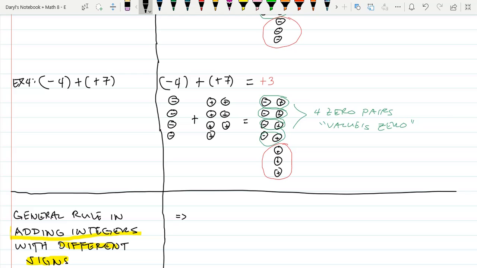Okay. So basically, if you are adding integers with different signs, you just have to subtract the absolute value of each integer.